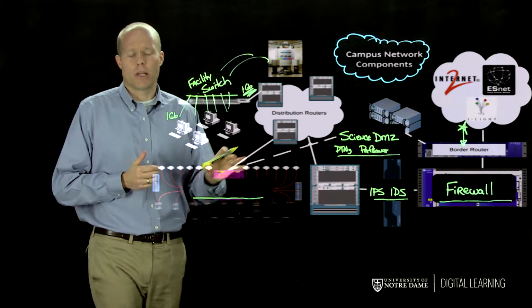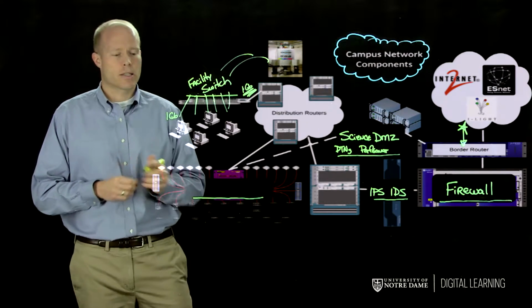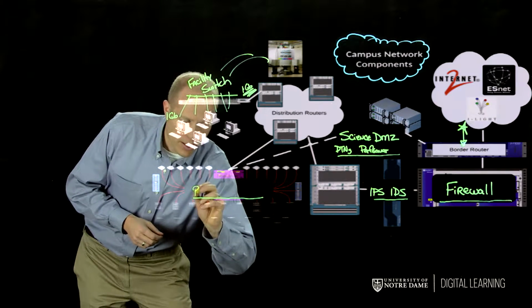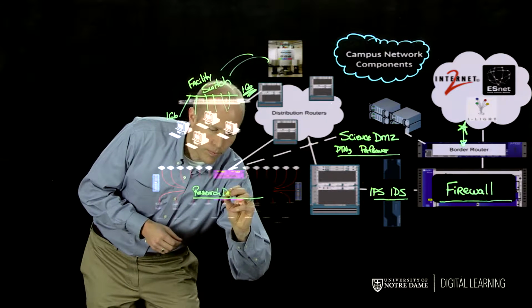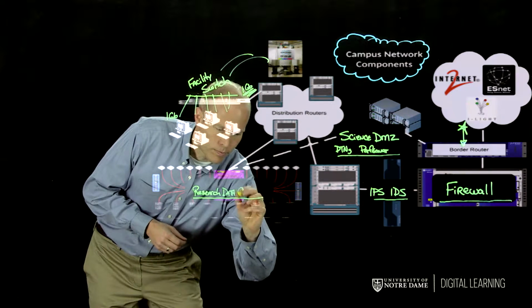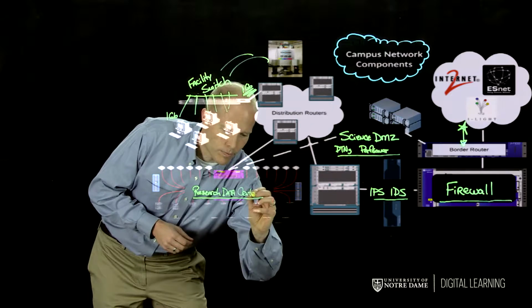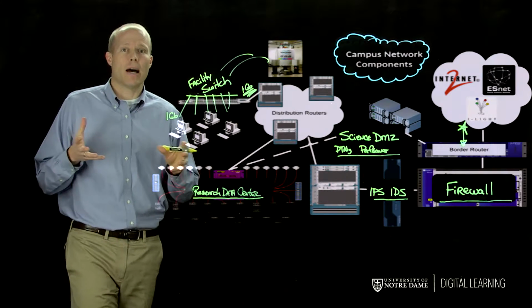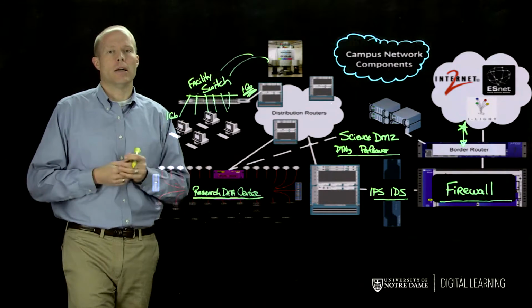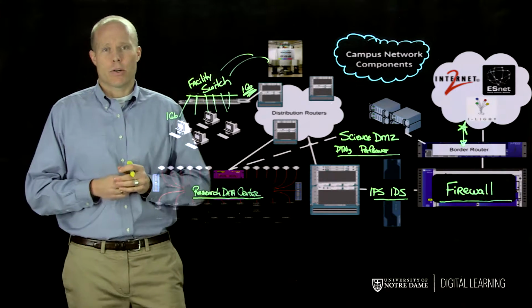The last area within your campus network that we want to discuss is going to be in your research data center. Often if you're doing big science in terms of large data, you may be doing it within a research data center.